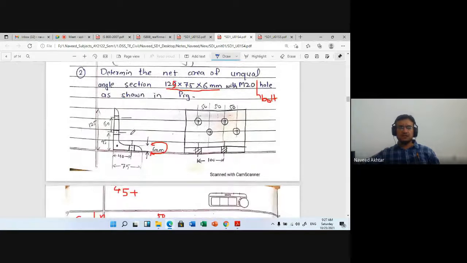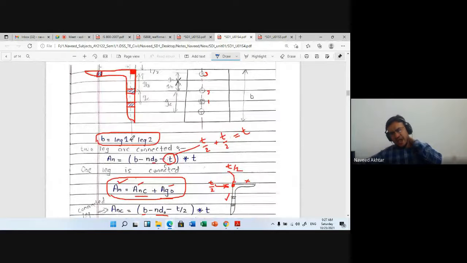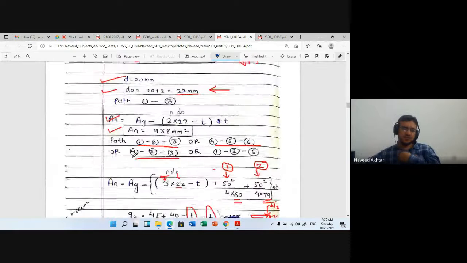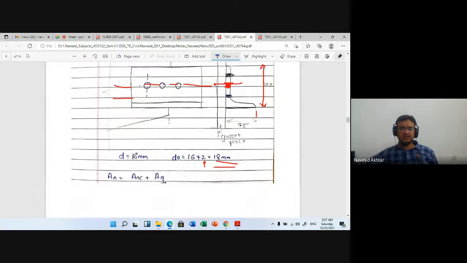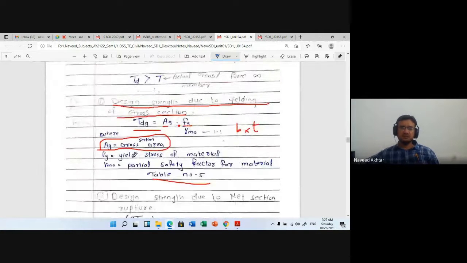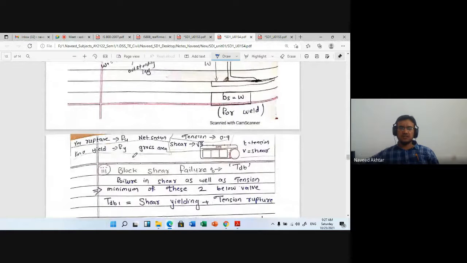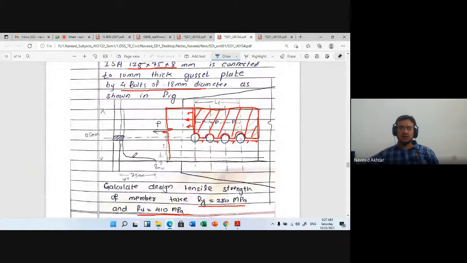Here is also another example of an angle section. If four legs are connected, that also you can find out, and if one leg is connected, that also you can find. There are different examples given of bolted and welded connections. You can solve these to find the net area in case of rupture.